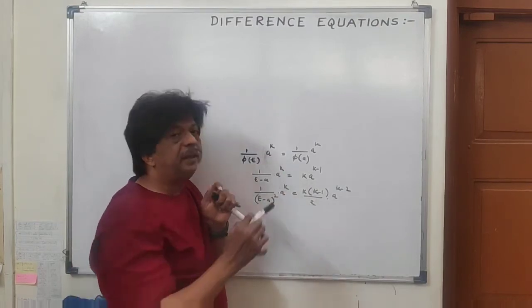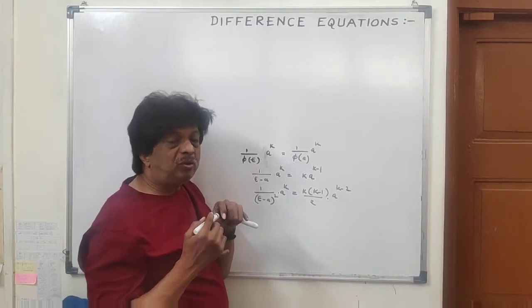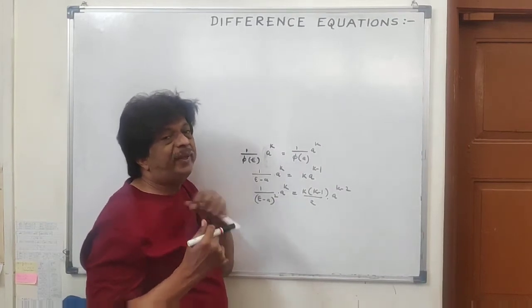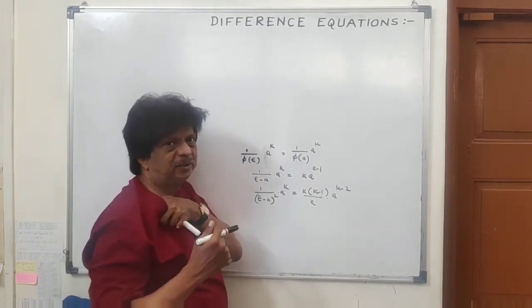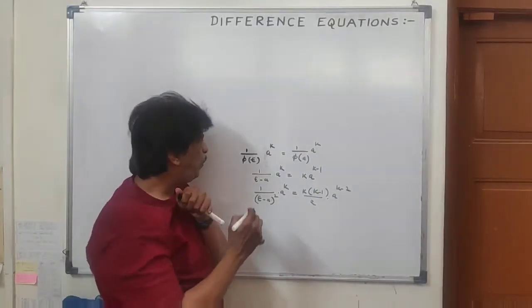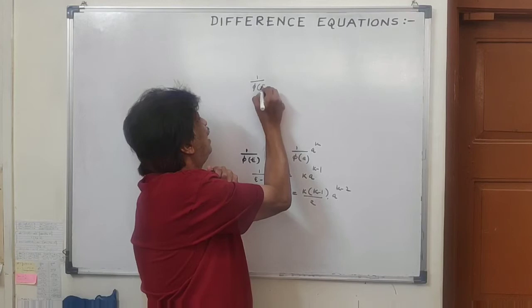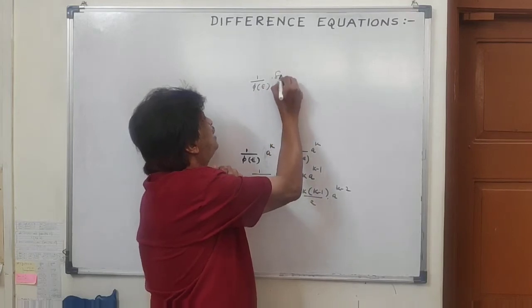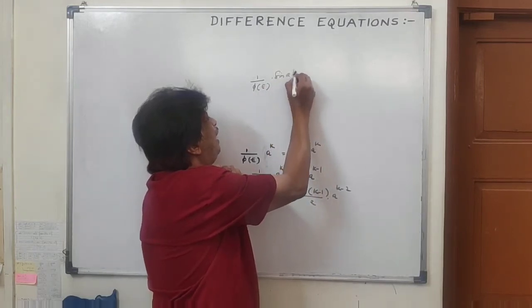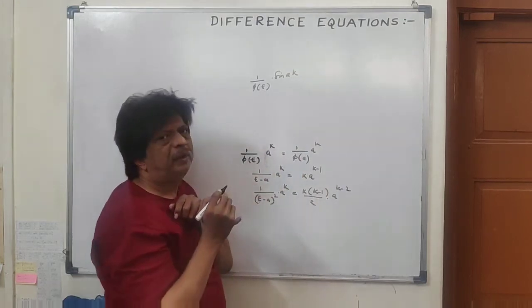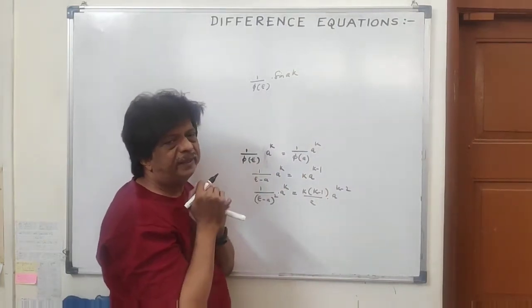Using this, we have also discussed the trigonometric case, the second case. 1 upon phi of E into say sine of ak or cosine of ak.